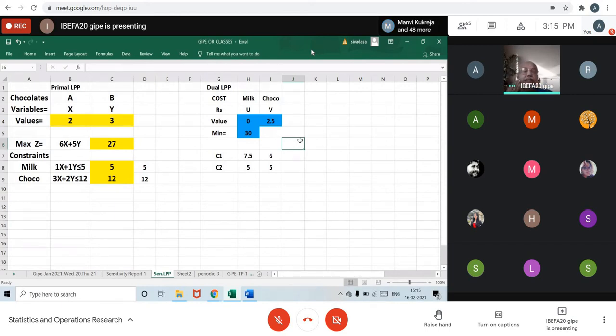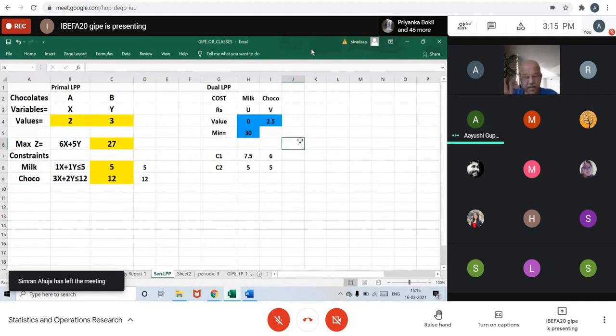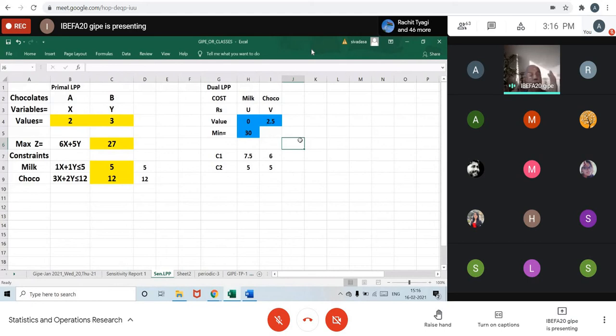This is the meaning. Sir, why have you taken the constraint as greater than or equal to? Look at the constraint in your primal LPP. There it is less than, depending on milk and choco. Now milk and choco we are taking as variables, price per unit.